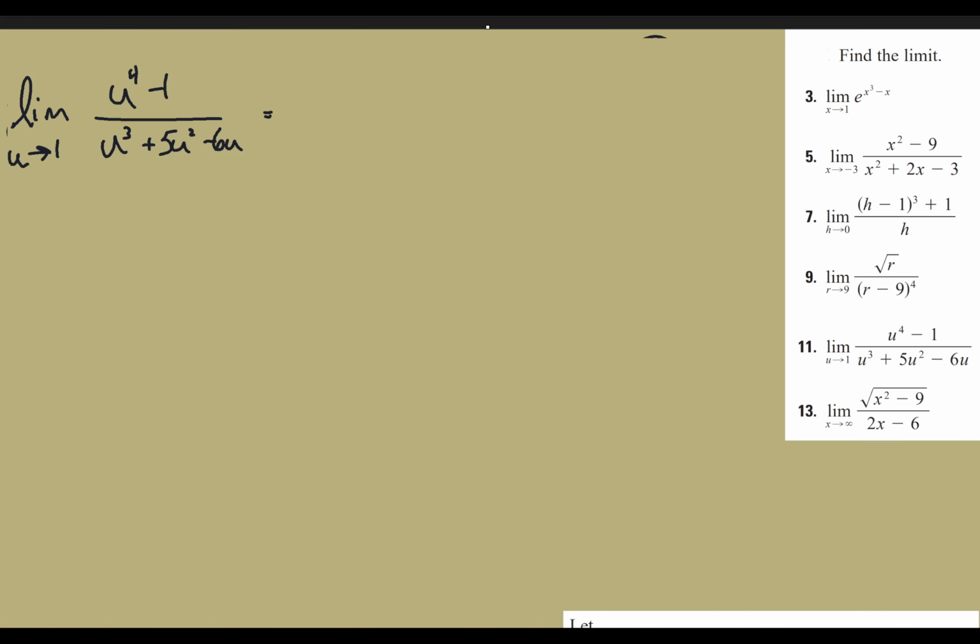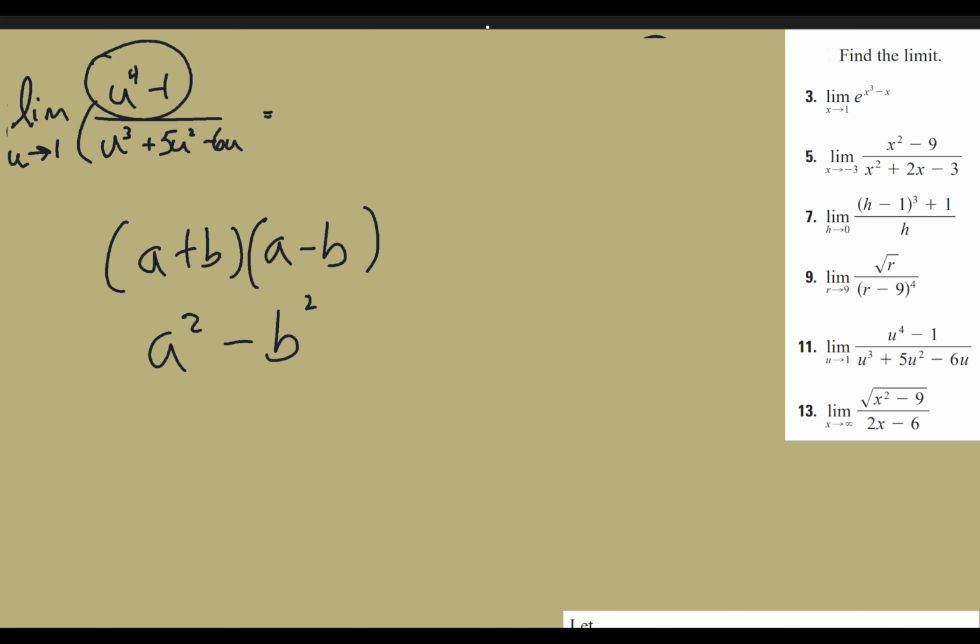So we're going to have to do something. And we only know how to find derivatives and conjugates in this chapter, so I'm thinking we're going to be doing conjugates. And remember, a plus b times a minus b gives us a squared minus b squared with no middle term, right? Well, what's on top here, right?